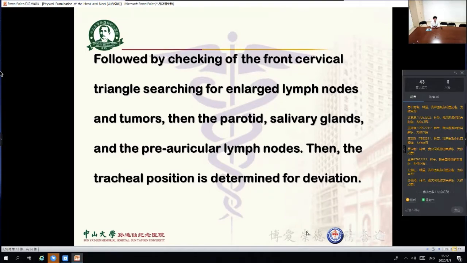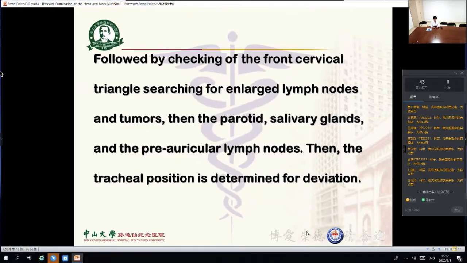Then the parotid salivary glands and the preauricular lymph nodes. Then the tracheal position is determined for deviation. So this is the general sequence for the physical examination of the neck.